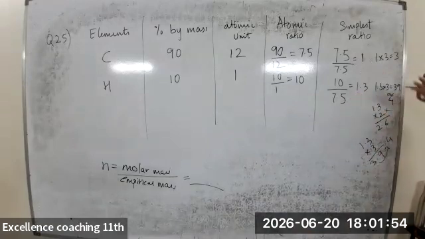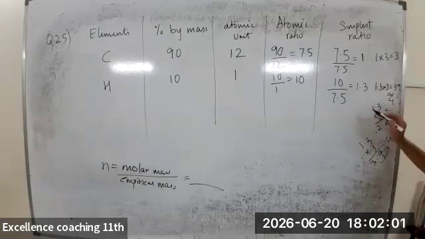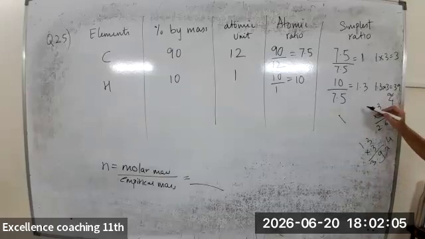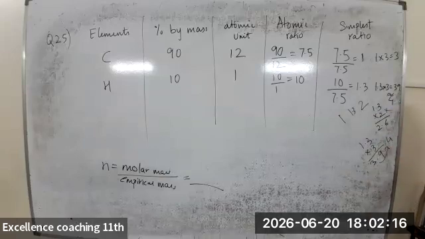Since we have got 1.3, it is not close to 1 and it is not close to 2. It is somewhere in between. We don't get a proper judgment of this 1.3, whether to keep it 1 or convert it to 2.